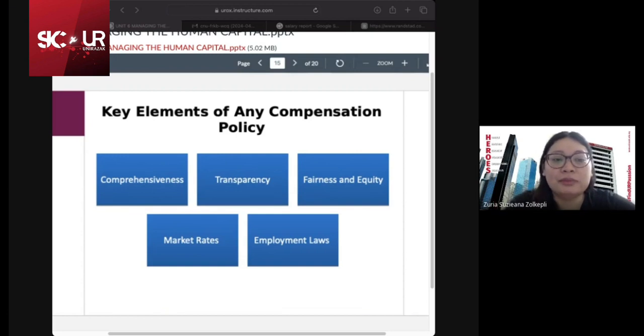So they are being transparent on how it's calculated. They are being transparent of how the company is performing that year. So this is one of the good key elements in any compensation policy.